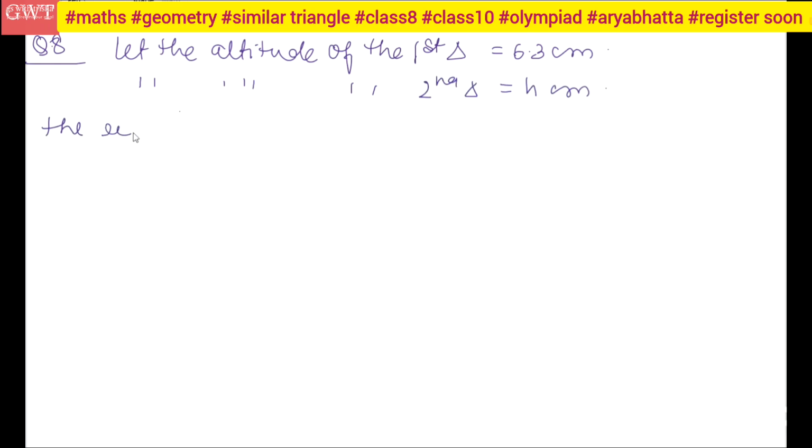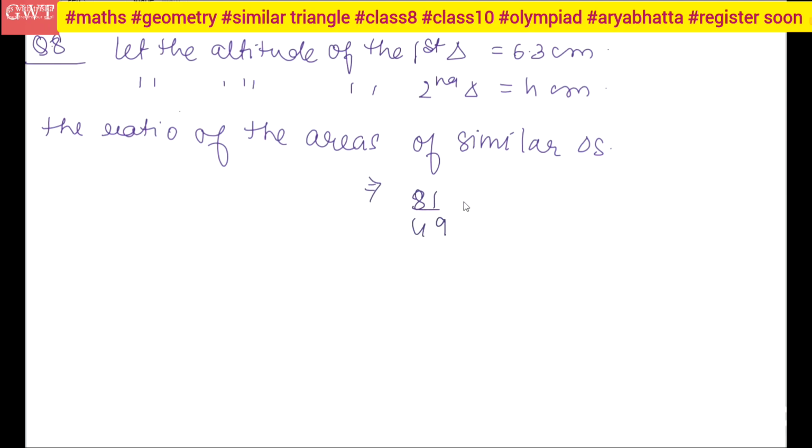So the ratio of the areas of similar triangles is equal to the ratio of their corresponding sides squared. So this implies that 81 upon 49 is equal to 6.3 upon h whole square. I will find the square root on both sides.